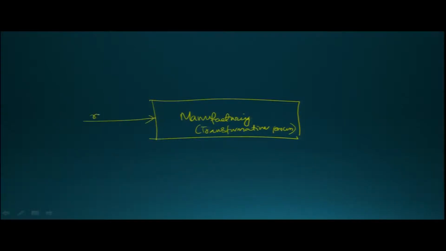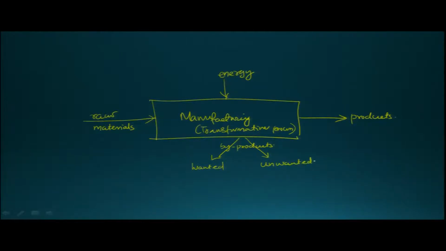We get raw materials from one side, and these raw materials along with energy, you utilize to create products, in the case of manufacturing, or otherwise services. From here you also create what we call byproducts. Some of them can be wanted byproducts, some can be unwanted byproducts. So unwanted, you can call them pollutants and things like that.